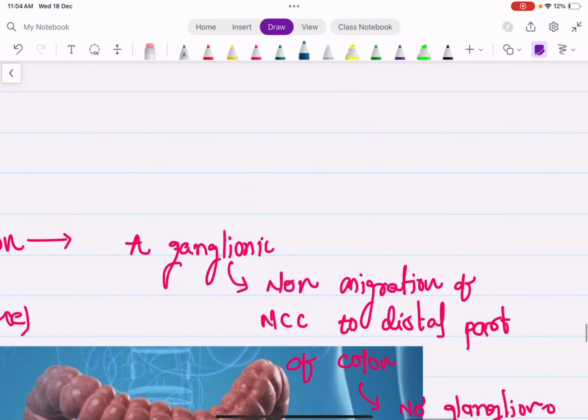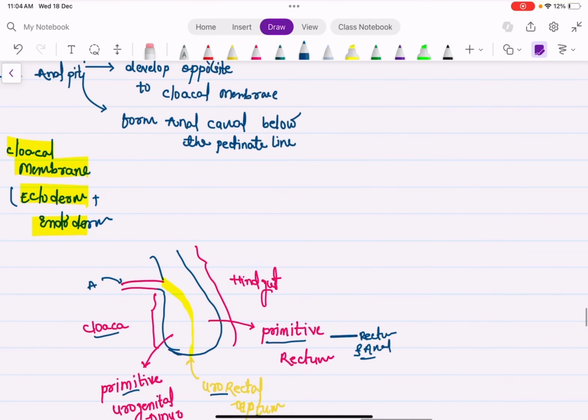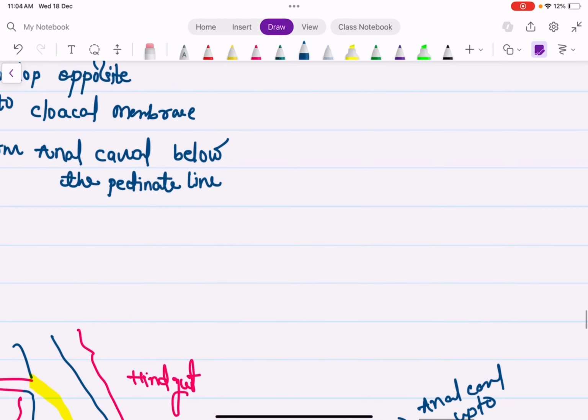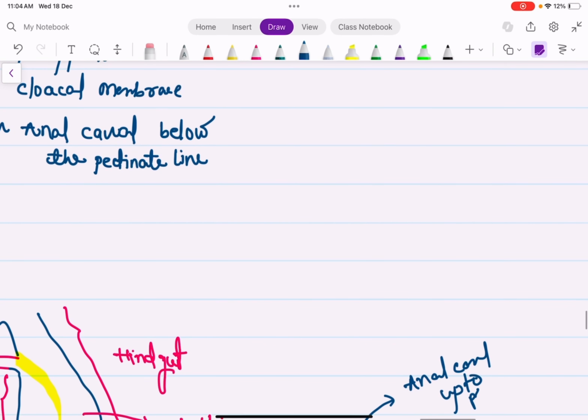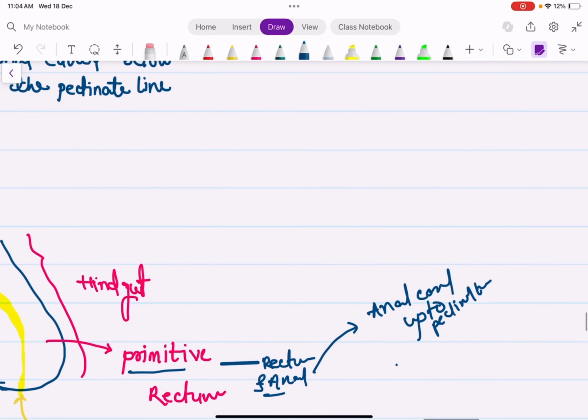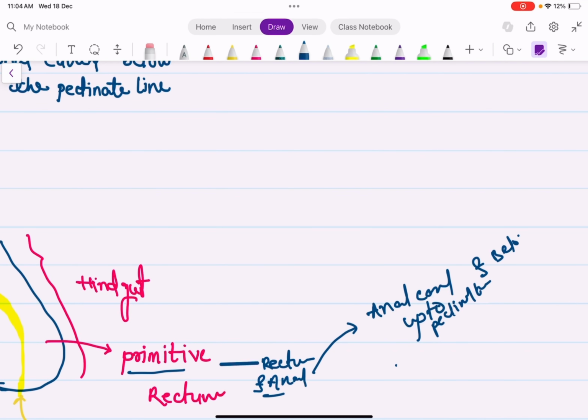The anal canal up to the pectinate line is formed by the primitive rectum, and below the pectinate line it is formed by the anal pit.